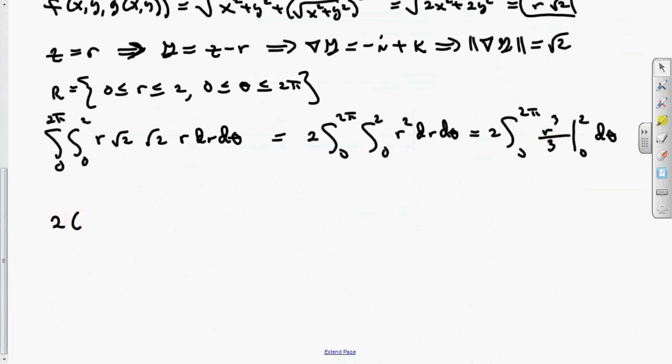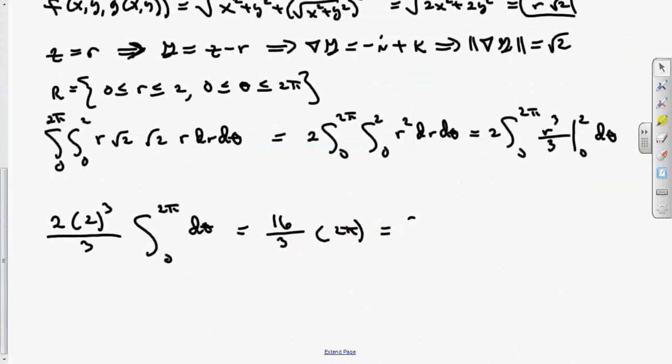So it's 2 times 2 cubed over 3 times the integral from 0 to 2 pi d theta. So that's 16 over 3 times 2 pi, 32 pi over 3. Okay.